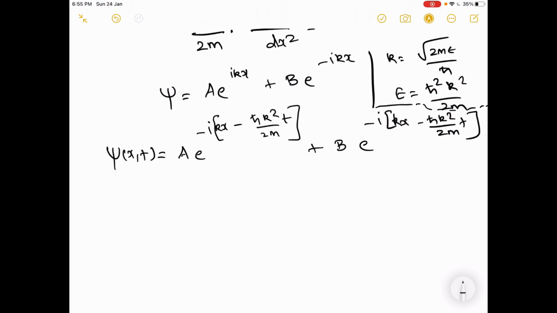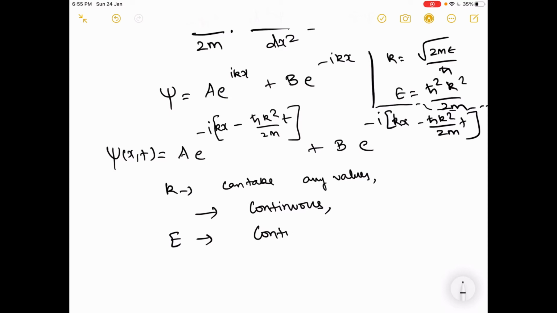Now you can see that because this is a free particle, k can take any value. So k is continuous. Similarly, the energy E is continuous. This is in contrast to our previous example with infinite potentials, where k and E were discrete, right? So here k and E are continuous for a free particle, right?